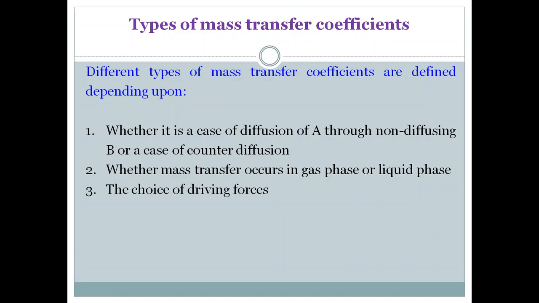Because the gas phase is one type, the liquid phase will be a different type, and the choice of driving force. So based on these three things, there are different types of mass transfer coefficient. But in heat transfer there is only one heat transfer coefficient, h. But let's see how many mass transfer coefficients there are.